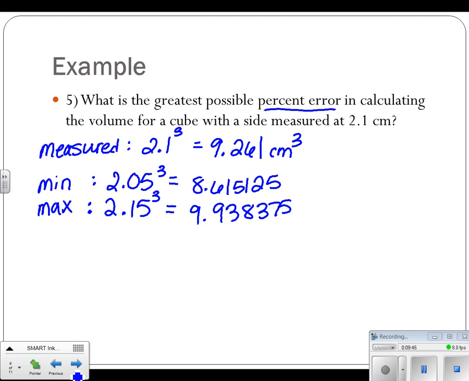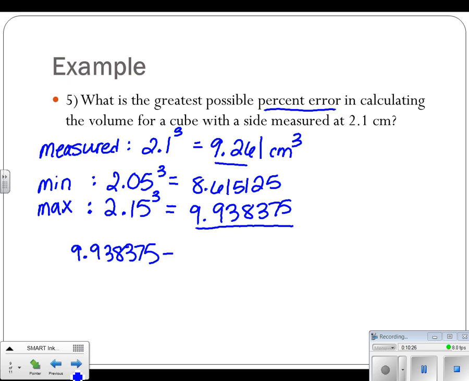Okay, now what we're doing is looking at that possible percent error. So when we find that percent error, we take the measured or estimated value, subtract the actual value. So we're going to take the maximum one, which would be right here, the 9.938375, and write that in our formula. Using that relative error formula, because we're looking for percent error, we subtract the actual value.